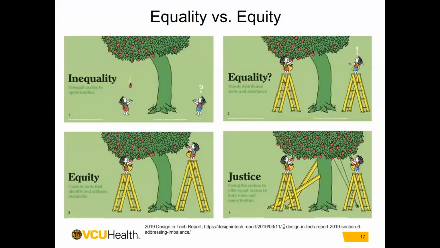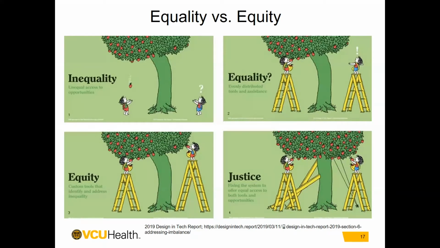So I want to shift very quickly to, if we were to think about how systemic racism plays out in our conversations around equity and equality, and how it is that we are addressing very difficult issues like preventing the spread of COVID-19, then we need to think a little bit differently.